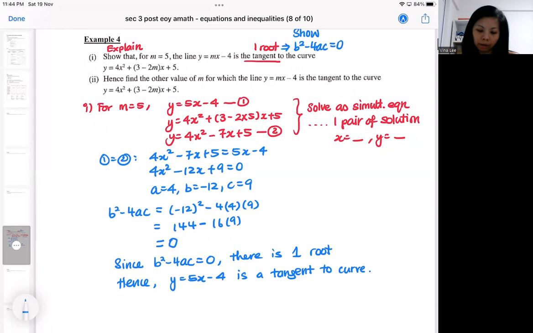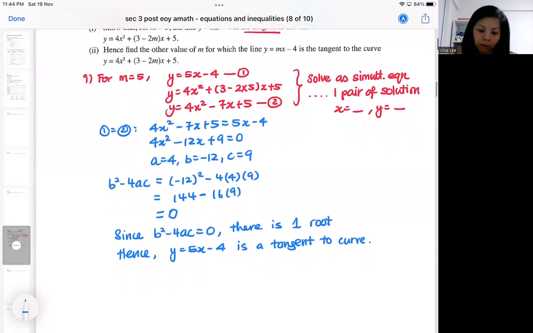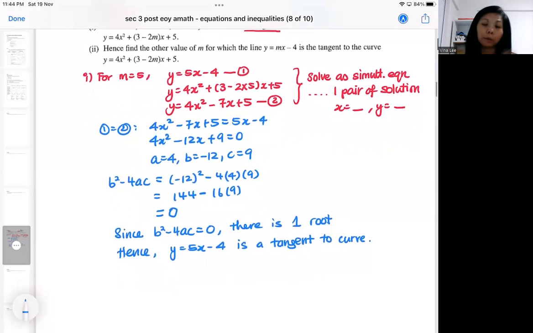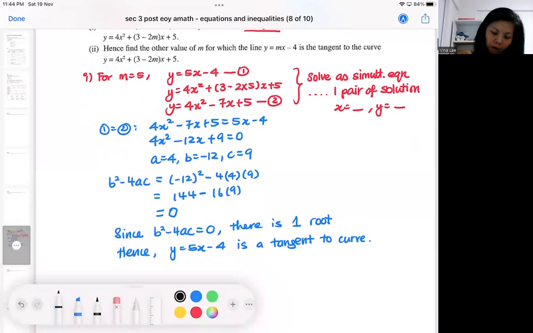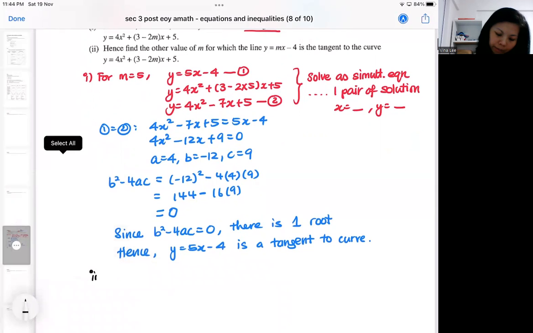And from here, we can do a 'hence' to find another value. So how are we going to do a 'hence'?